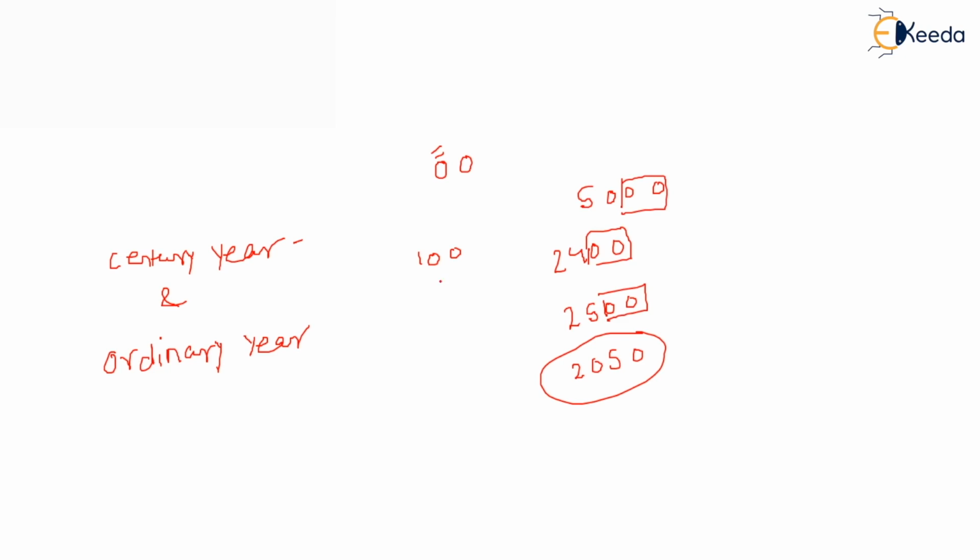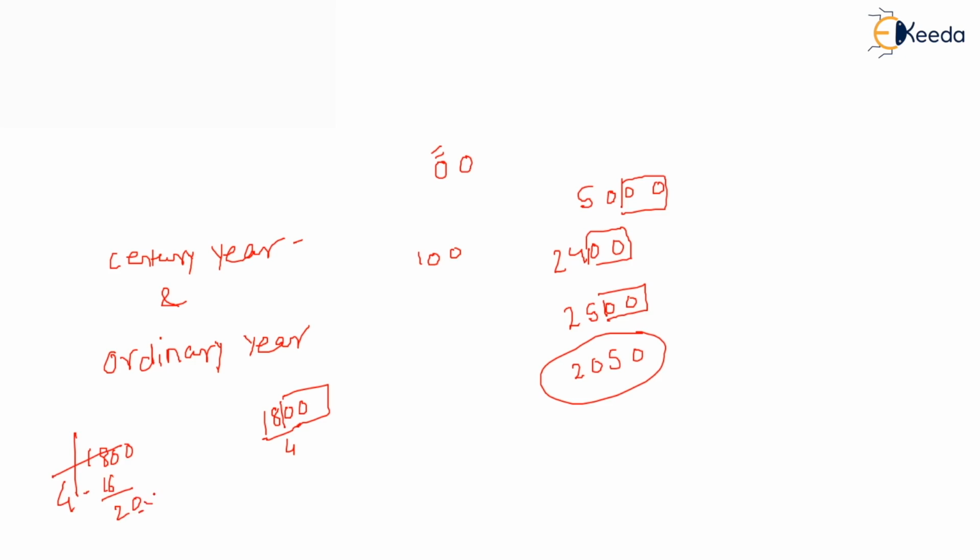So if I ask you whether 1800 is a leap year or not, right? What you do, you divide the last two digits by 4 and you say, sir, it may be a leap year because it's dividing, right? It is going by 4. If you divide 1800 by 4, it goes 450.